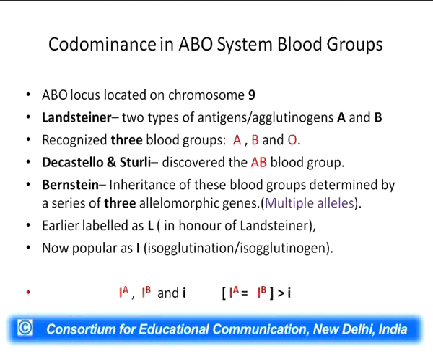They discovered the AB blood group, and they also found out that if A and B alleles were present, both of them express themselves equally, and therefore, it was a case of codominance.